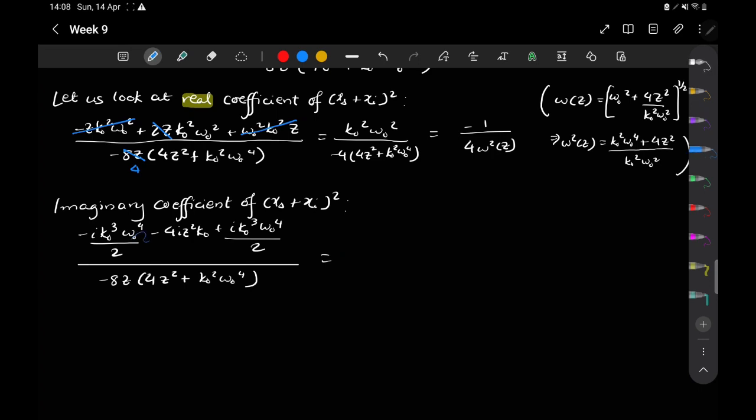Now again these two terms in the numerator cancel out. Now -4 cancels with -8 to give 2. One term from the numerator z and the denominator, they cancel.